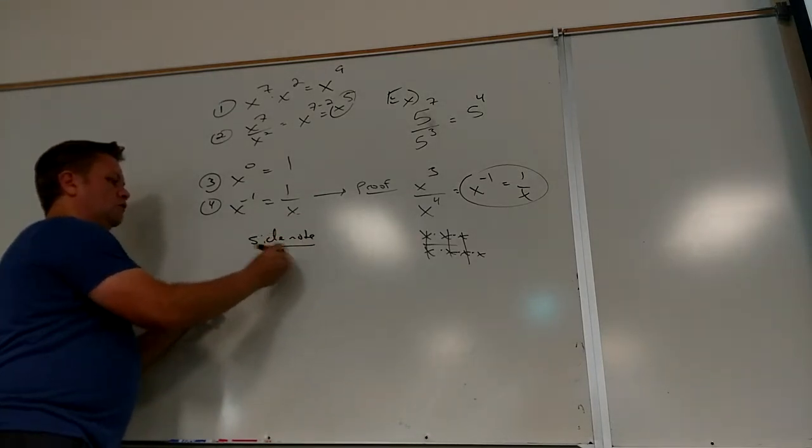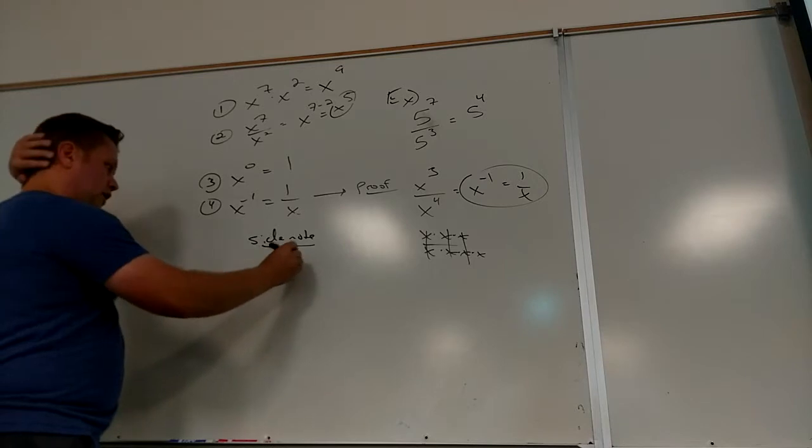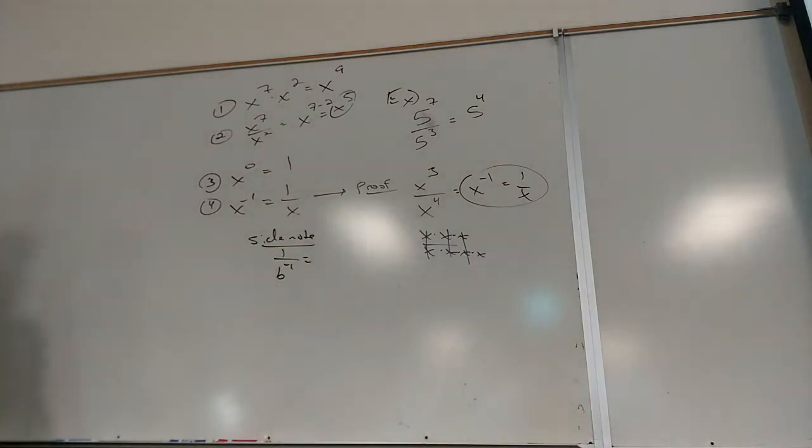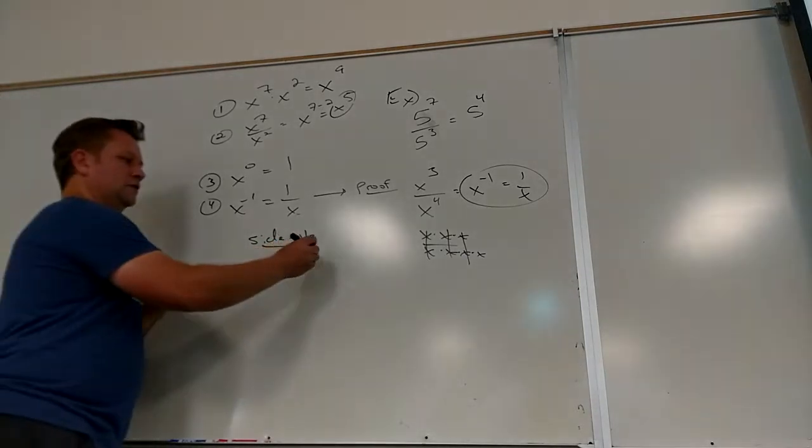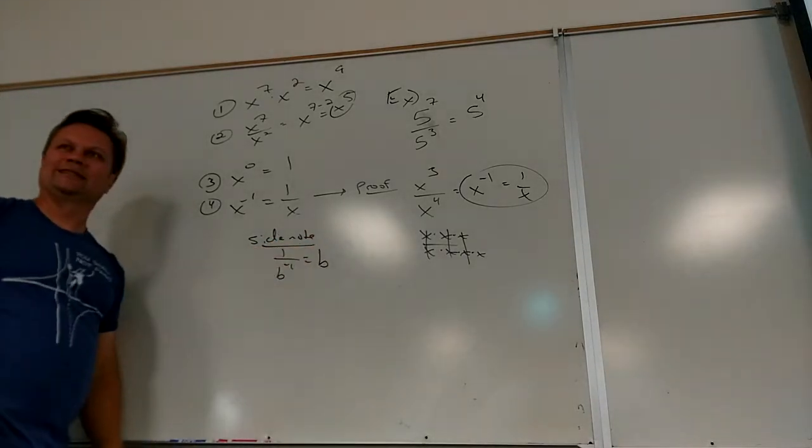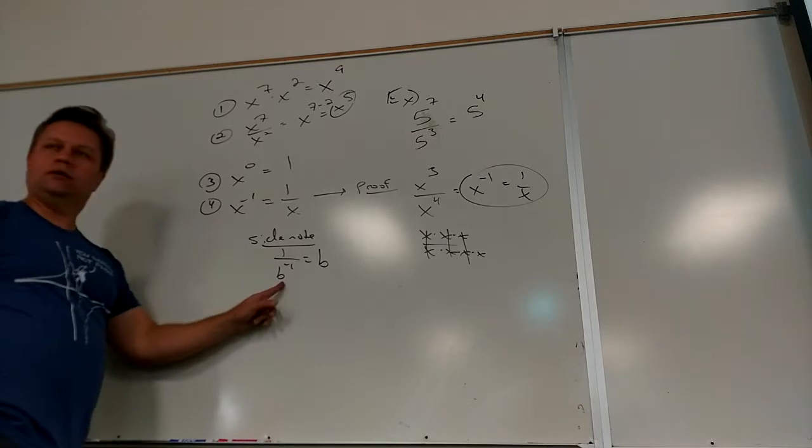What would this be? 1 over b to the negative 1. Negative power means flip. So flip it. What do you get? You just get b. That b goes up.